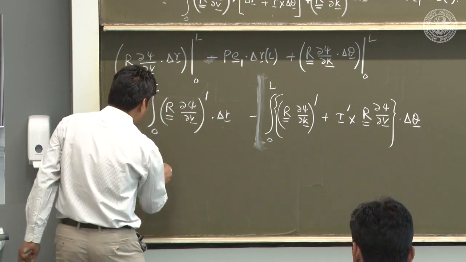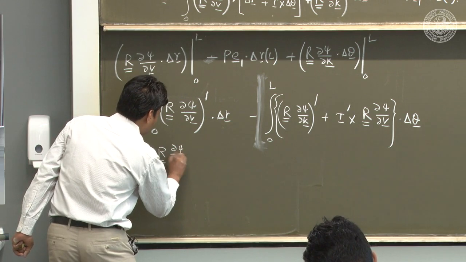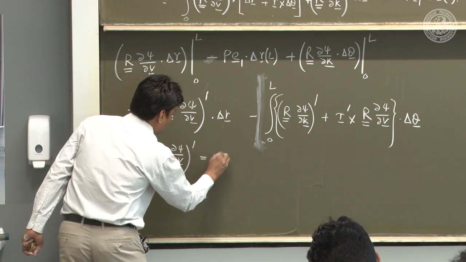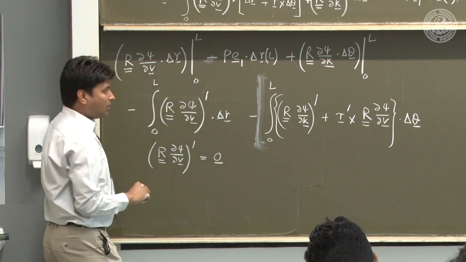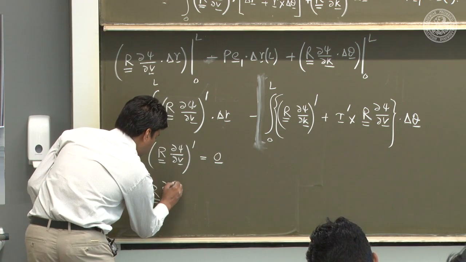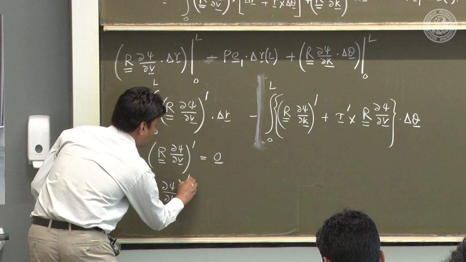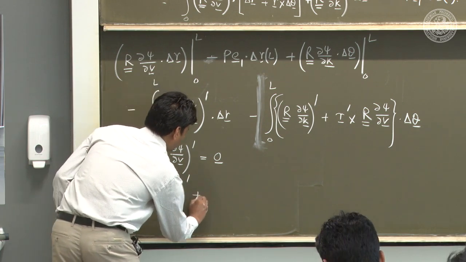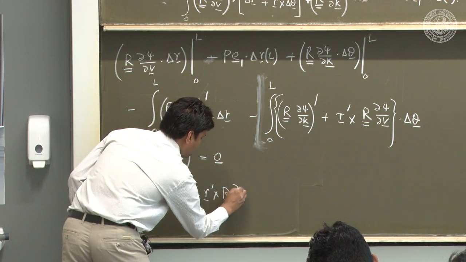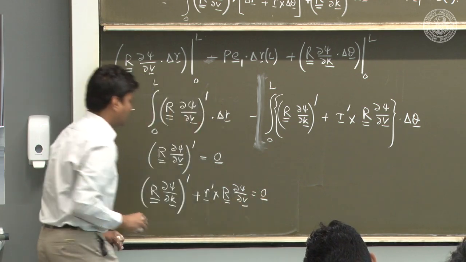So that gives us the Euler-Lagrange equations: big R del psi over del V whole prime is equal to 0, and this gives us big R del psi over del k whole prime plus R prime cross big R del psi over del V equal to 0.